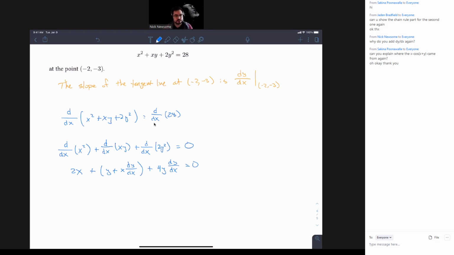The thing that's different is when we take the derivative of y. Questions up to this point? We've done all the hard work, because now we're just going to solve for dy dx like we did before, plug in some numbers, and then write out the equation of a line.